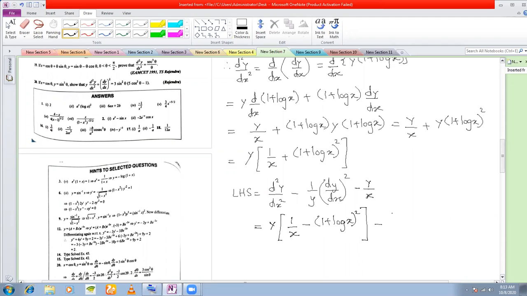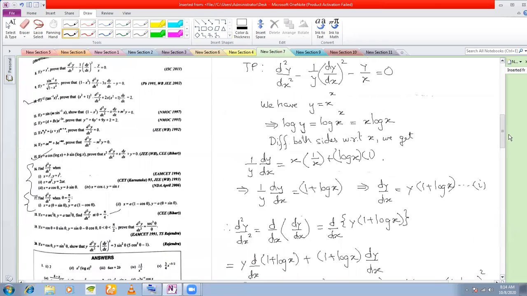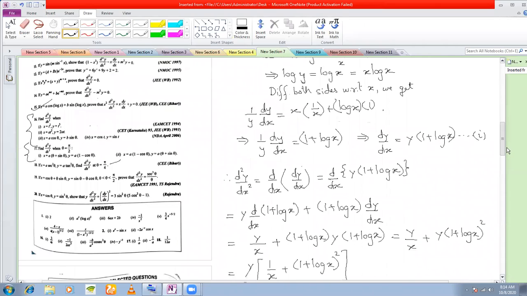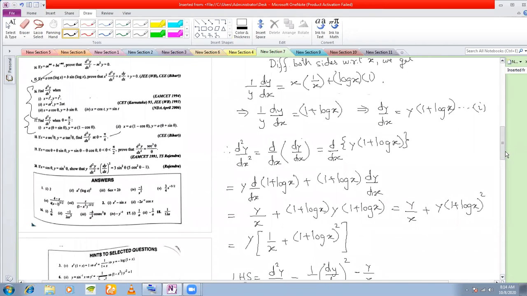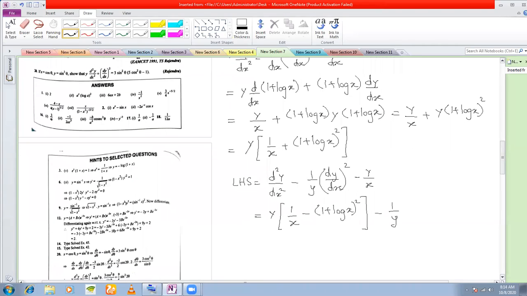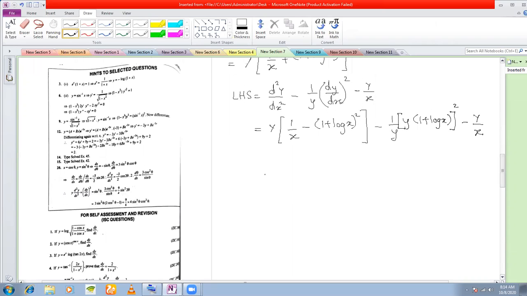Minus 1 by y. Now dy/dx. What is dy/dx here? From 1, y into 1 plus log x, y into 1 plus log x whole square. Okay. Minus y by x. So now we simplify this.